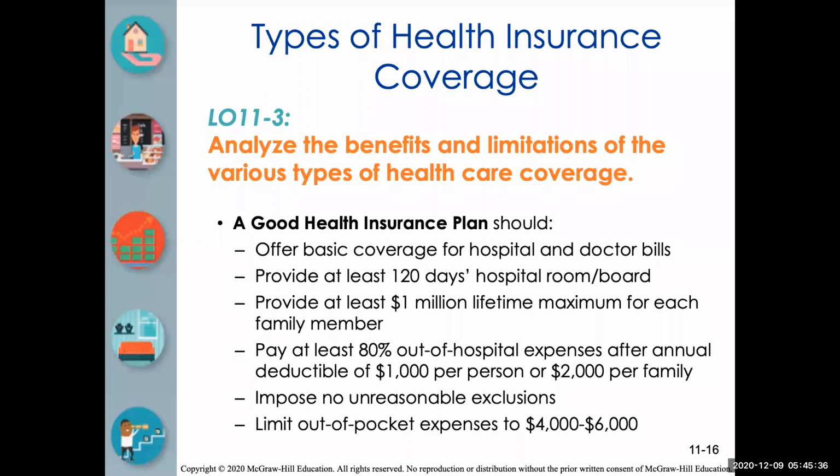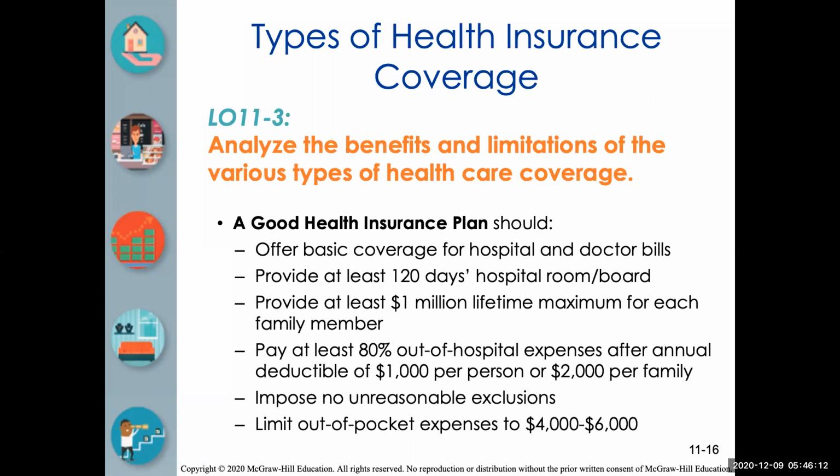Whatever the plan is, it needs to have some basic coverage. You want to make sure that at a minimum it includes 120 days of hospital room and board, and provides at least $1 million lifetime maximum for every family member. These are just some of the things to keep in mind when evaluating the robustness of the plan that your future employer is offering.